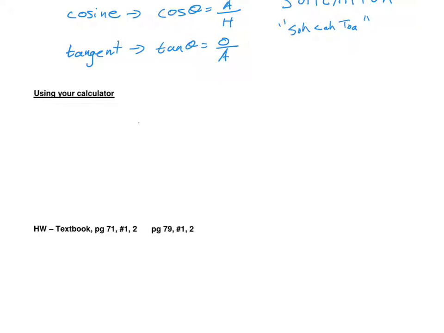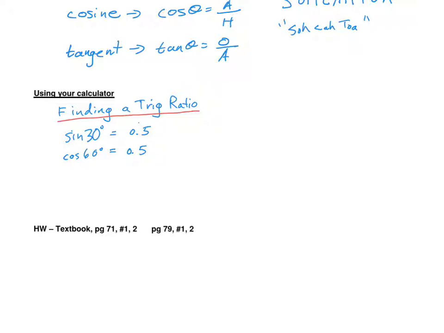So, when we're finding a trig ratio, when you use your calculator, you type sine of 30 degrees. And when you punch in sine of 30, you get an answer, maybe 0.5. And when you punch in cos of 60 degrees, you're going to get 0.5. When you type tan of something like 73 degrees, you're going to get something that just goes on forever.